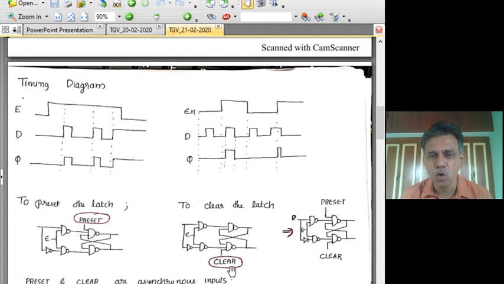Wiping out means there is no bit, we can't say bit 0 is there. So this is called the clear input. Again, it is asynchronous. It can work independently of the clock or the enable. And an active low signal, that is a 0, does the operation of clearing or resetting. So it is a clear bar.